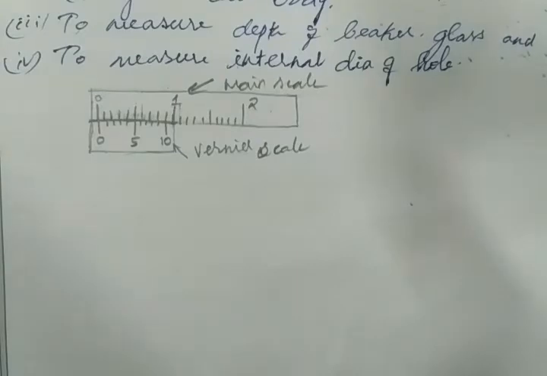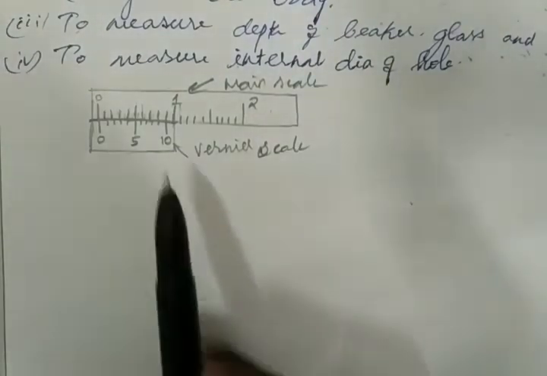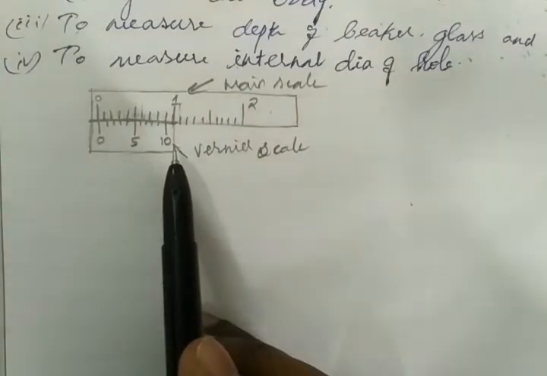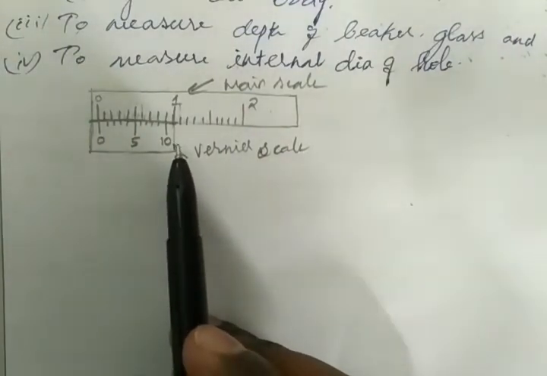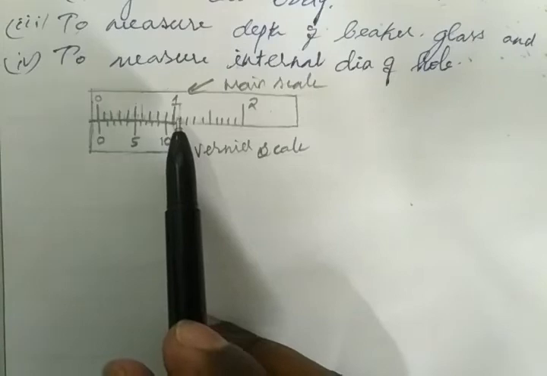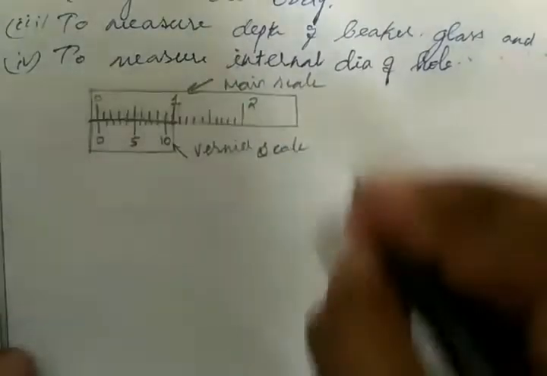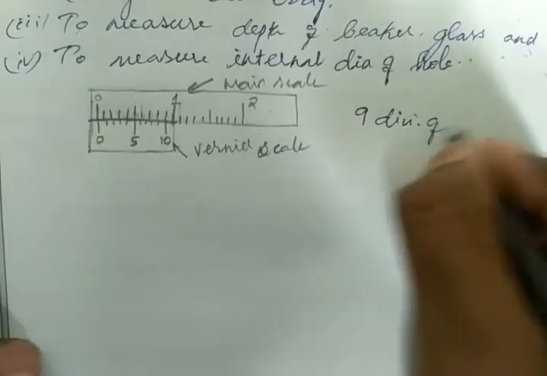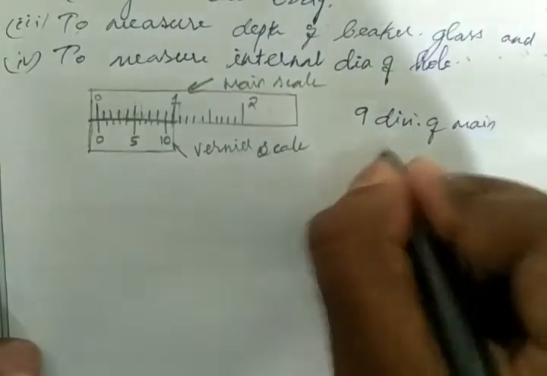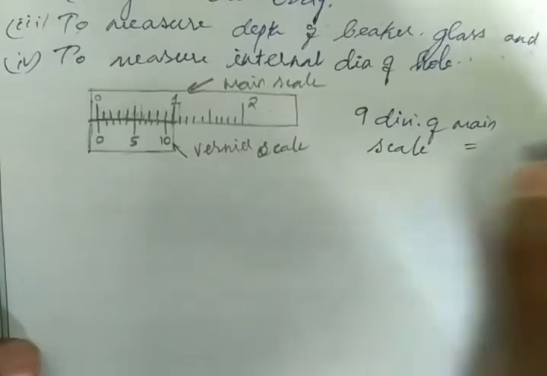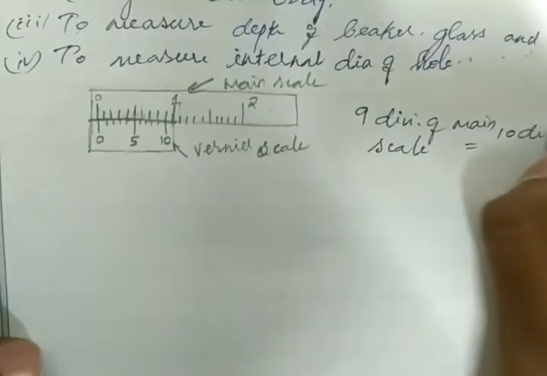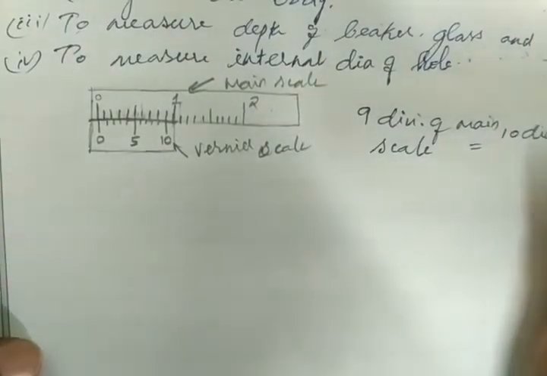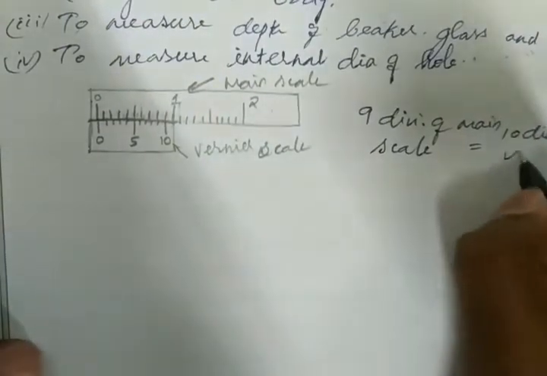We have 10 divisions. In 95% of the cases, 10 divisions of the vernier scale will be equal to 9 divisions of the main scale. So we can say 9 divisions of the main scale equal 10 divisions of the vernier scale.